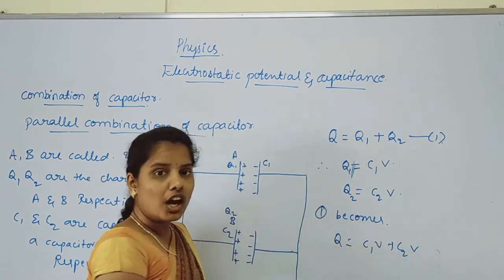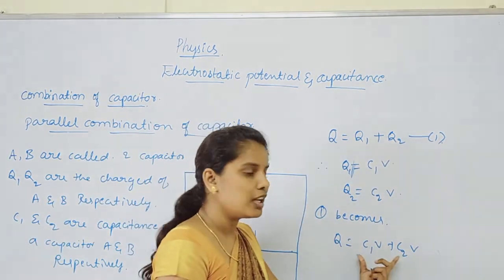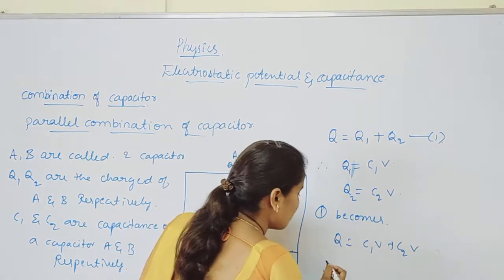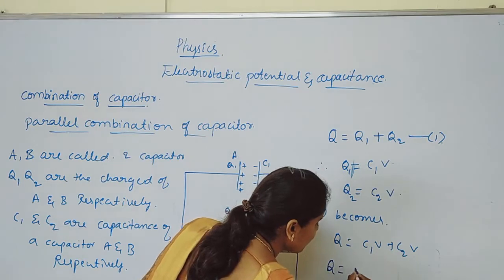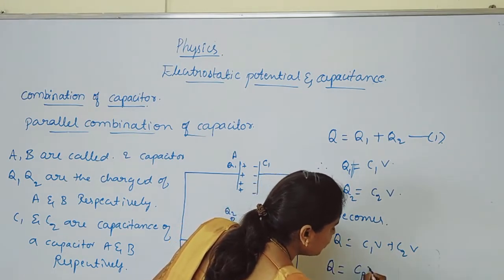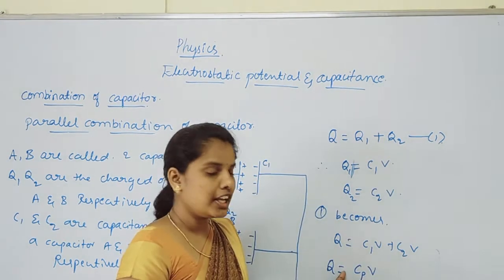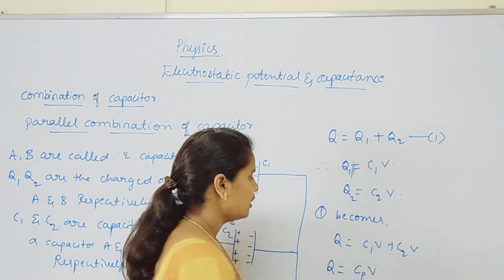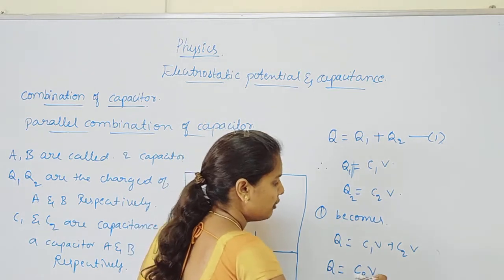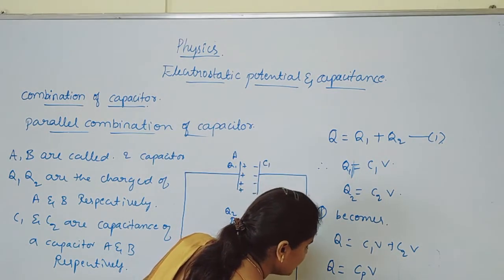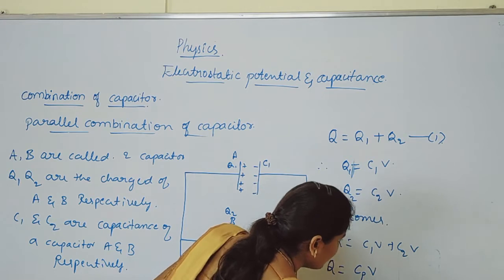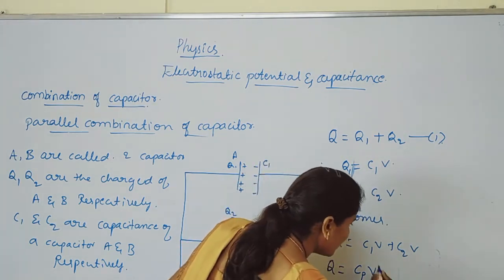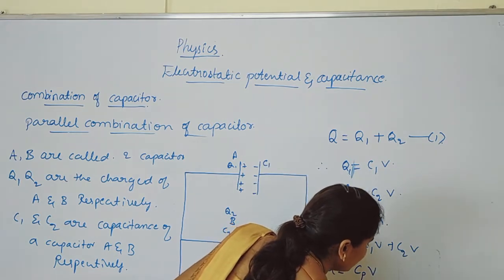So here the combination of capacitors can be replaced by an effective capacitance. Therefore Q equals Cp into V. Here V is the common term, take it outside, common term C1 plus C2.